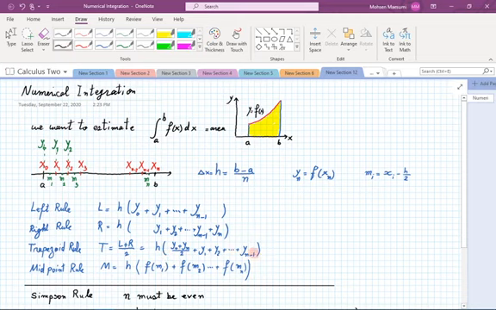The formula that is written here is a smarter version of what might show up some other places. Sometimes the formula is written in this way as y0 plus 2y1 plus 2y2, and so on, until we go to 2y sub n minus 1, and then we come to yn.